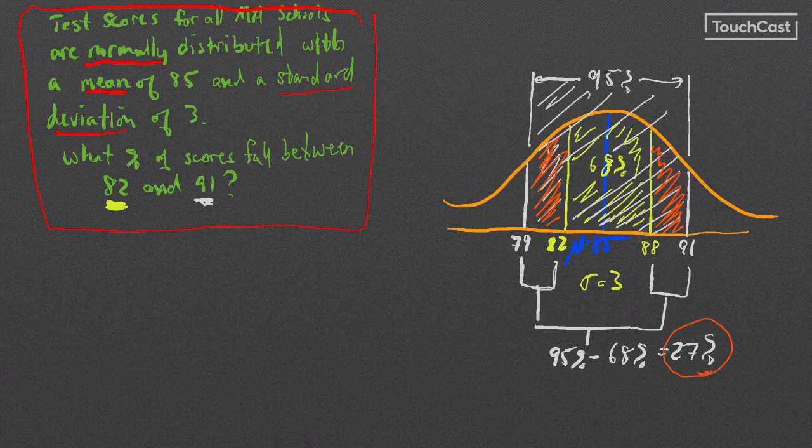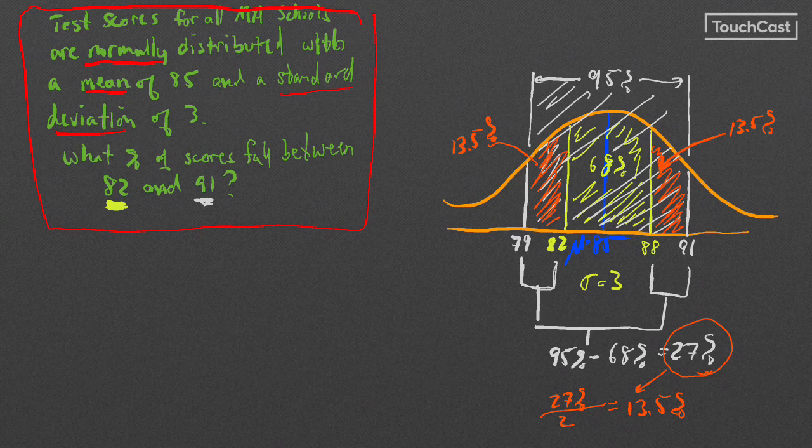But we only want the area to the right, so we need to take that and divide it by 2, which gives us 13.5%. So now I've determined that this is 13.5%, and this is 13.5%, but we really don't care about the one on the left.